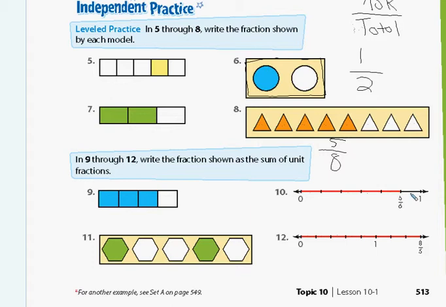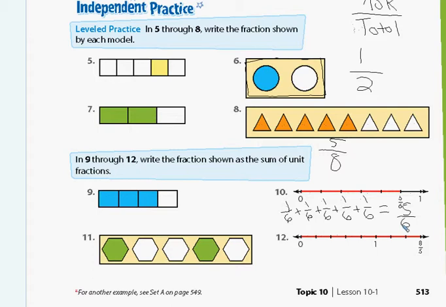So I'm going to break it down into 6, and that's 1/6 plus 1/6 plus 1/6 plus 1/6 plus 1/6. Let's see, I got 1, 2, 3, 4, 5. So that's my 5. That equals 5/6.